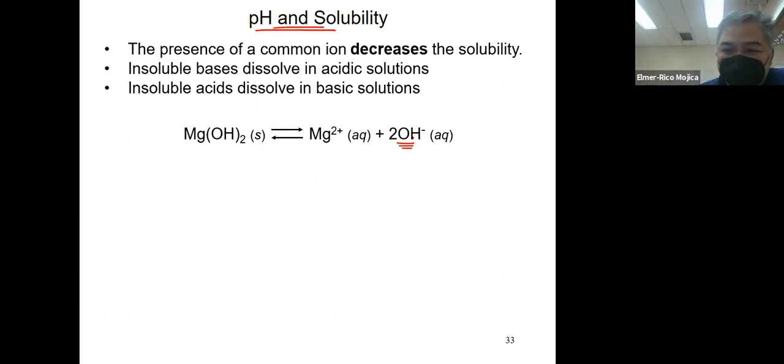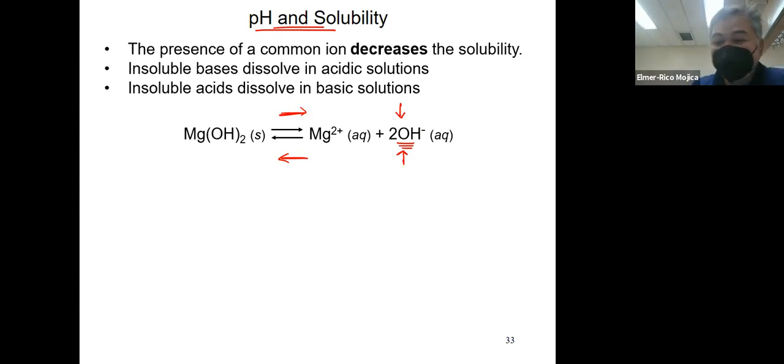Well, it depends on the amount of the hydroxide. If your hydroxide concentration decreases, it favors the forward reaction. Remember? If this one decreases, the forward reaction is favored. But if this one increases, the backward reaction is favored.